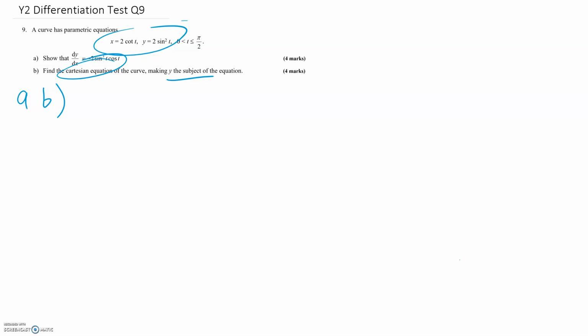It's difficult to get t on its own in either of these. So what's a good idea is often to think about using a trig identity. I would suggest trying to think of a way of connecting cot and sine squared.